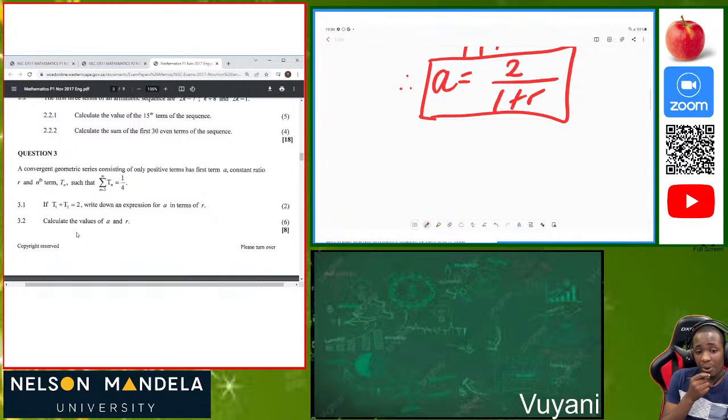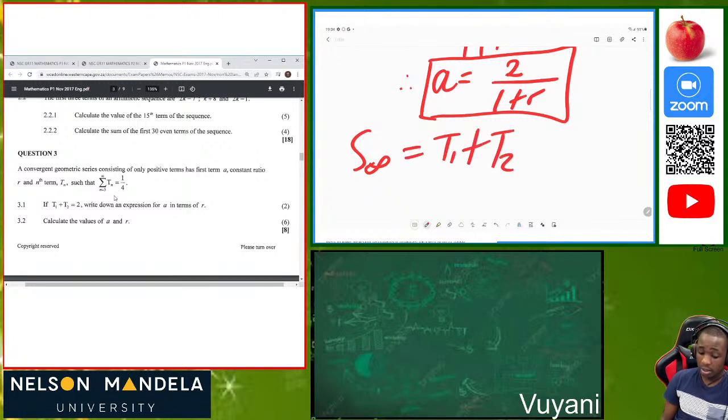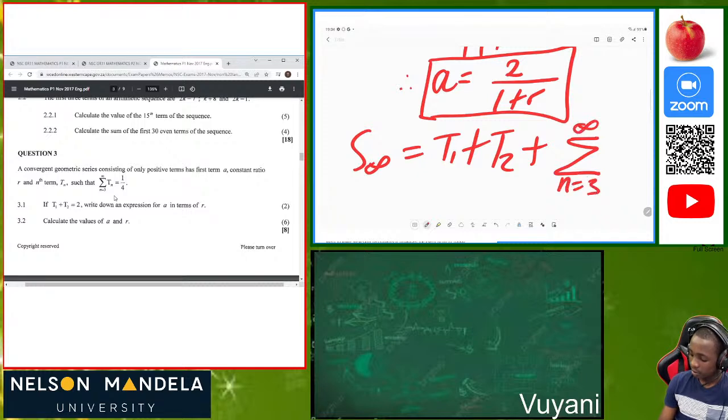Okay. We know that our sum to infinity, we were told here, is equal to 1 over 4. And you know that the sum to infinity comprises t1 plus t2, plus our summation. What is our summation? It's from n equal to 3 to infinity of tn here.